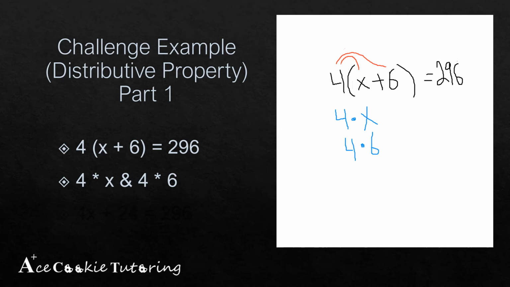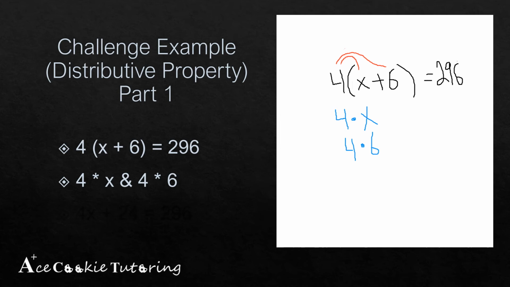So those red lines are pointing from the 4 to the x and from the 4 to the 6. So what that means is I'm going to do 4 times x, and then I'm going to do 4 times 6. So essentially I have to distribute the 4 to everything inside of the parentheses.